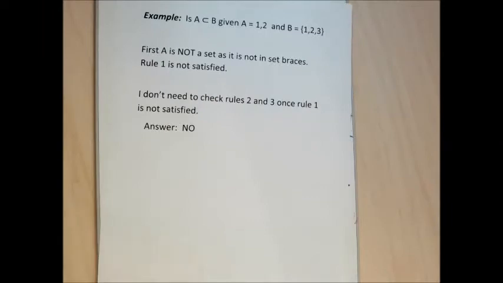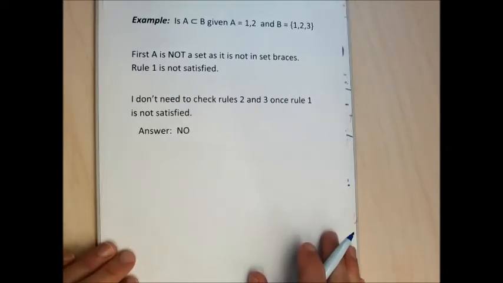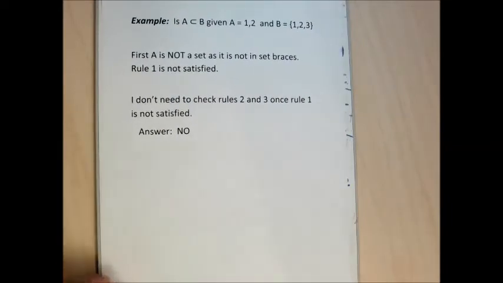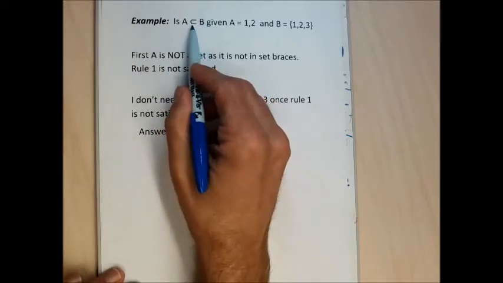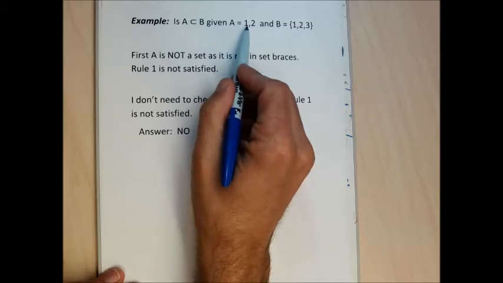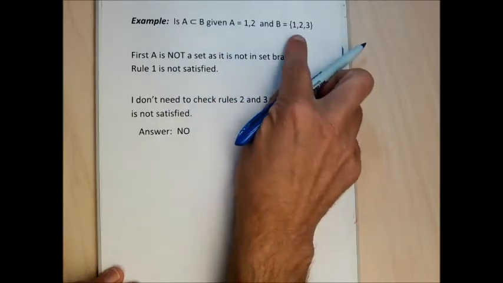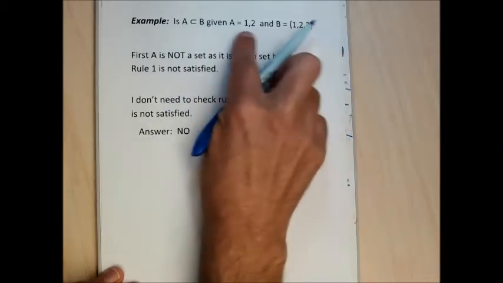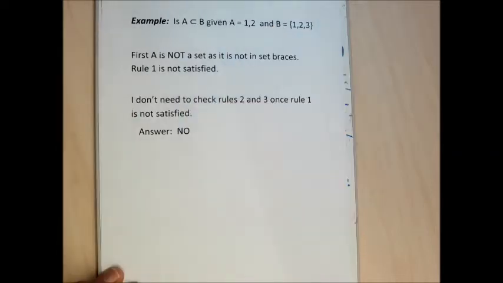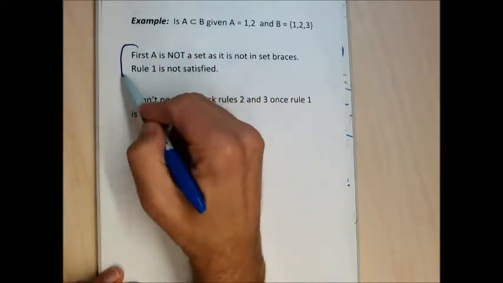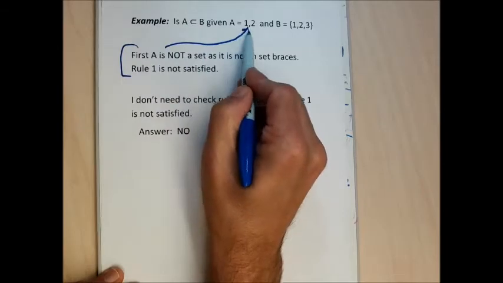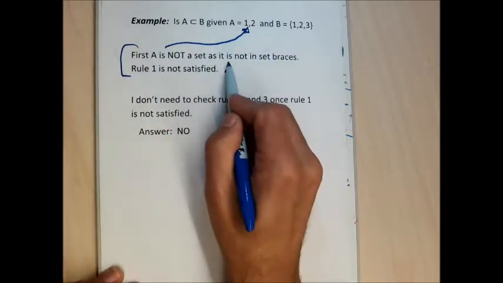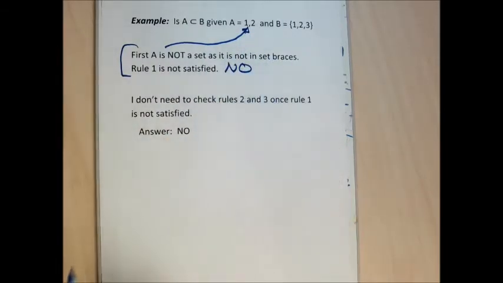So many examples. All right, let's look at one more example before we get to a kind of an odd example. So, is A a proper subset of B given A is the numbers 1 and 2, and B is the set that contains 1, 2, and 3? For this to be true, I need to satisfy all three rules, and the first rule requires A to be a set. A is not a set, so I violated the first of the three checkings.